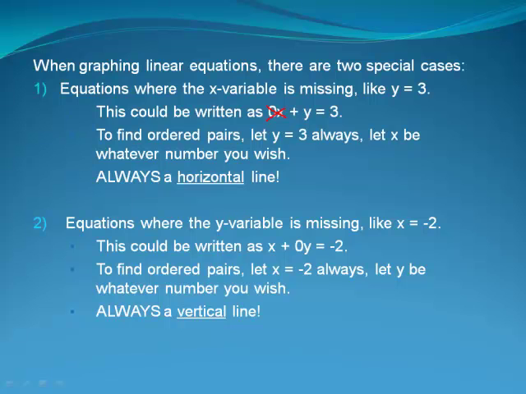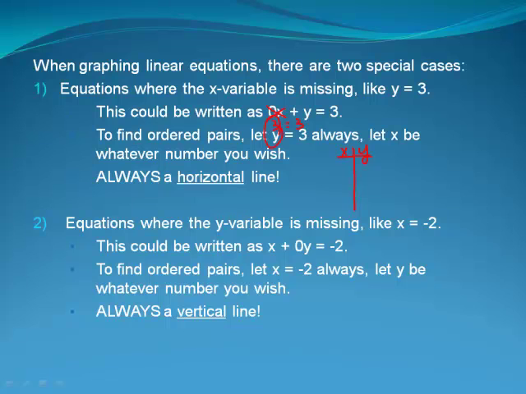Now, although you can work with a problem like that, when you're trying to graph it's much easier to just leave it as y equals 3 and take that at face value. If it says y is equal to 3 and you're trying to find ordered pairs, you would agree with me that the only thing y could be in order to make that equation true is 3.